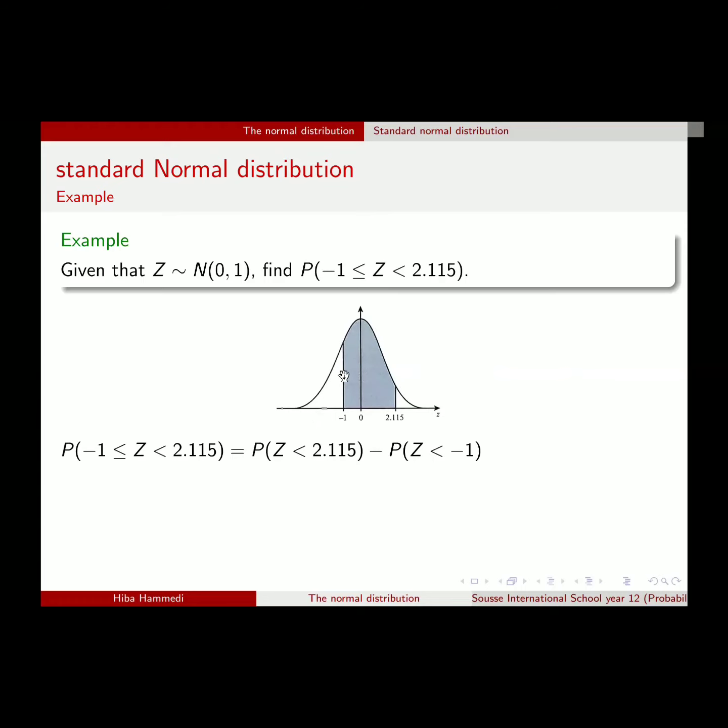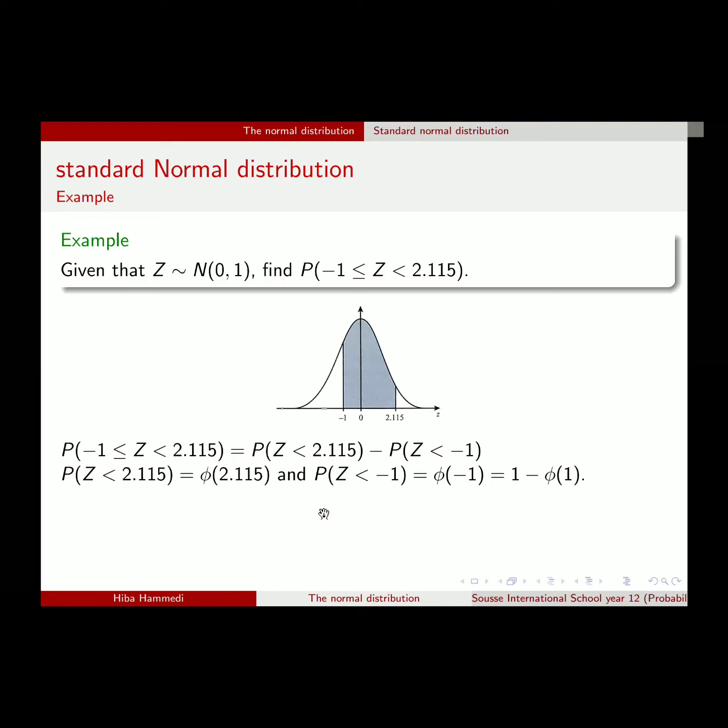So this is the area that I need to cut. The probability of z less than 2.115, this I will get using the table. Okay, it's phi of 2.115. Just go to the table, apply the steps, and you will get the value.